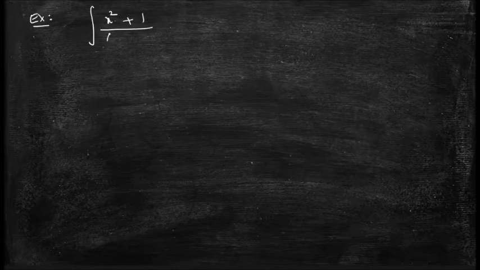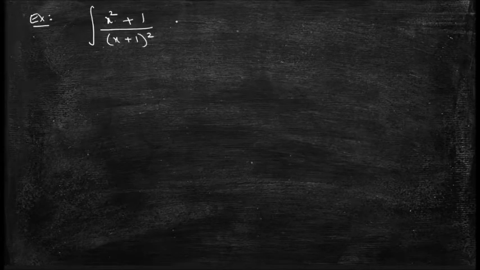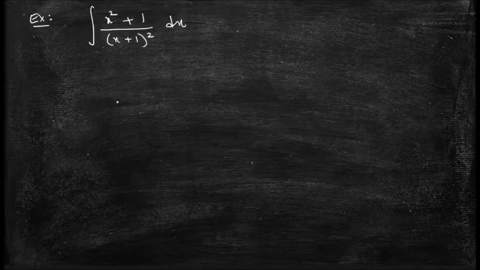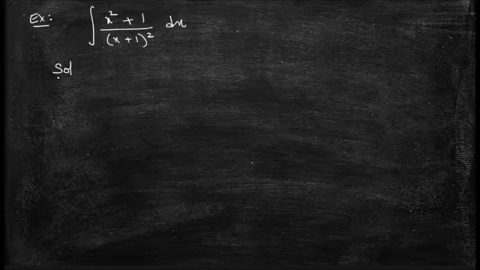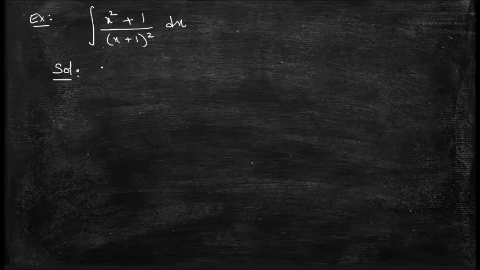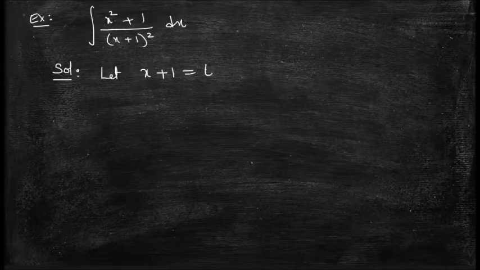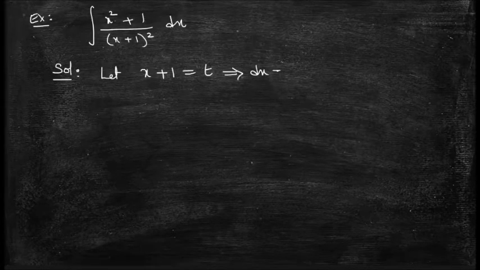Integration of x square plus 1 by x plus 1 whole square dx. It's a different problem. Let x plus 1 be equal to t, which implies dx is equal to dt.